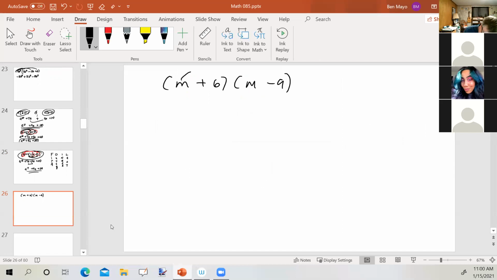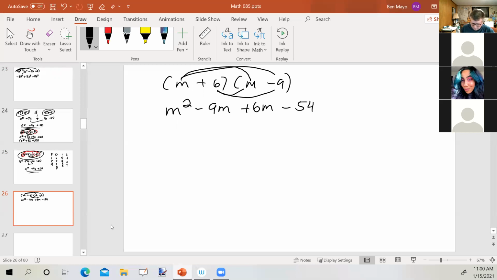So I'm going to take m times m, which is m squared, m times minus 9, which is minus 9m, 6 times m, which is 6m, and 6 times minus 9, which is minus 54.